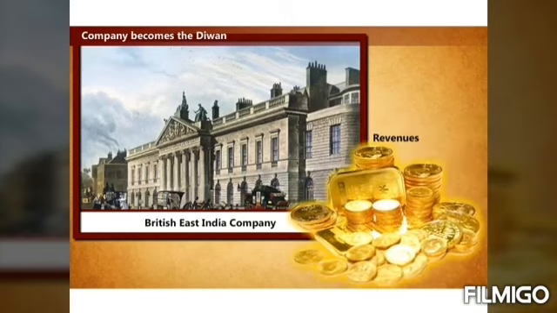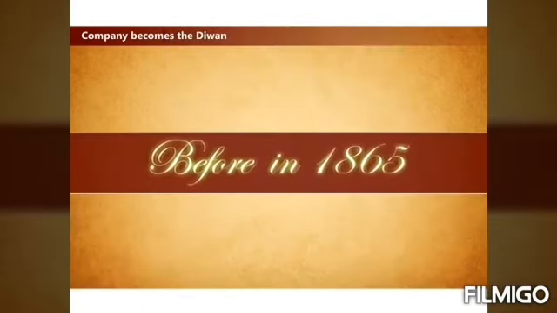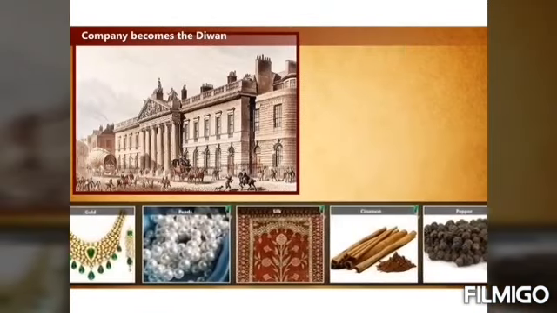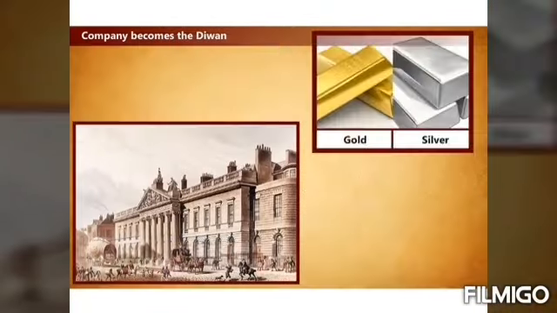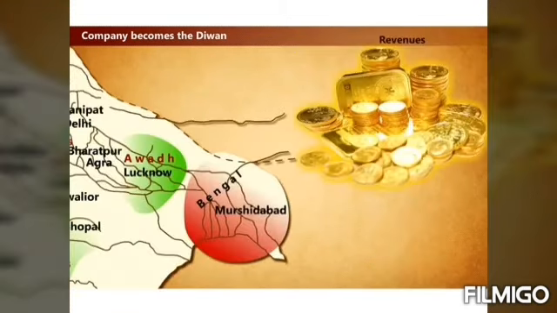They were keen on increasing their revenue and buying fine cotton and silk cloth as cheaply as possible. Before 1765, the company had purchased goods in India by importing gold and silver from Britain, and now the revenue collected in Bengal could finance the purchase of goods for export.